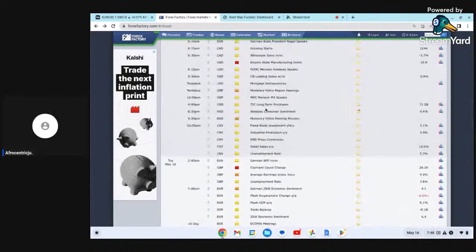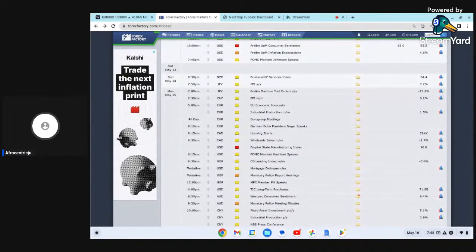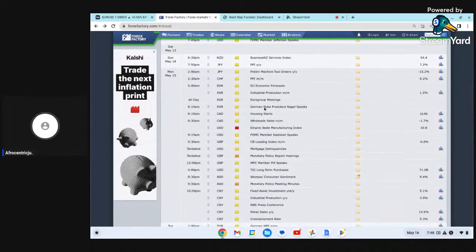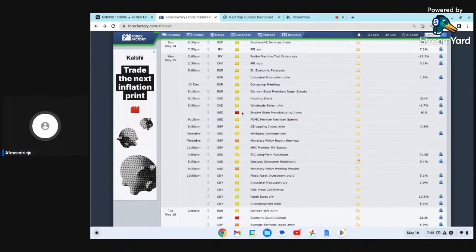Yesterday's news was either on the euro or USD. Okay, so USD had 8:30 news. Well, 7:30. I keep saying that because it really says 8:30, but for me when I look at it, it's sitting at 7:30. But anyway, it says Empire State Manufacturing Index.